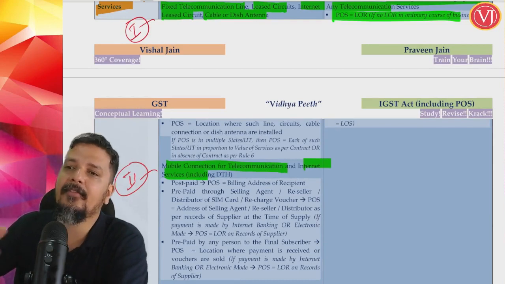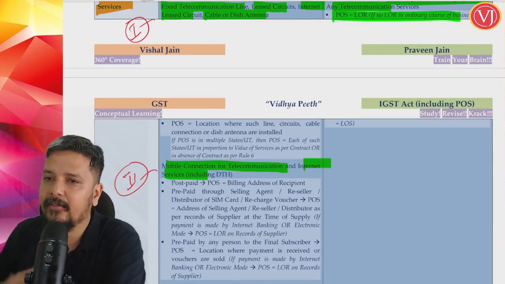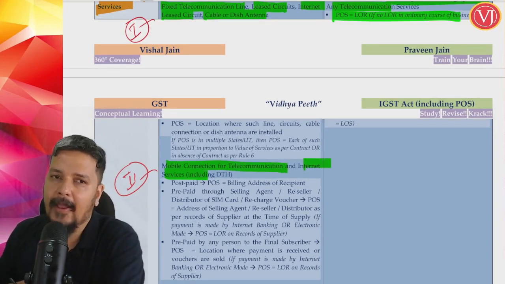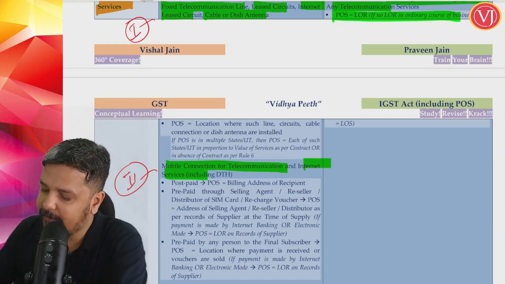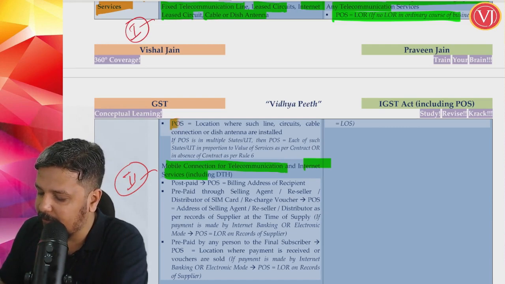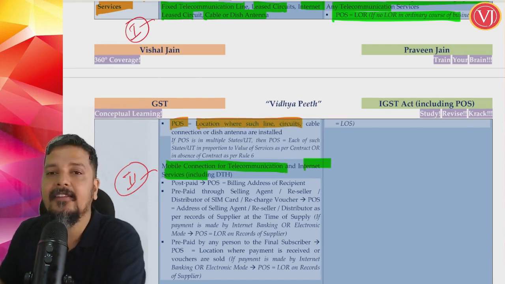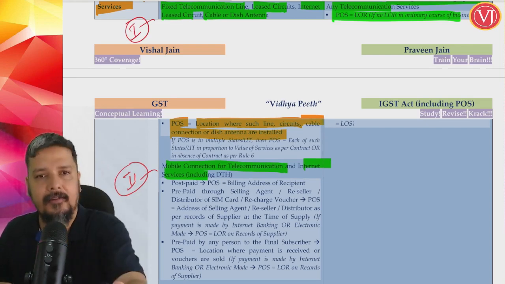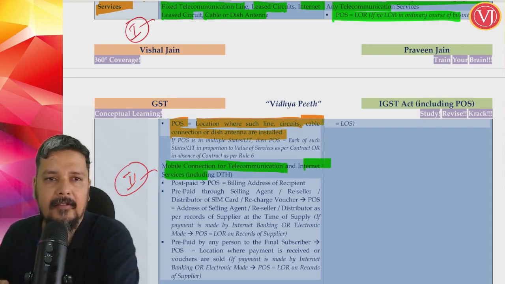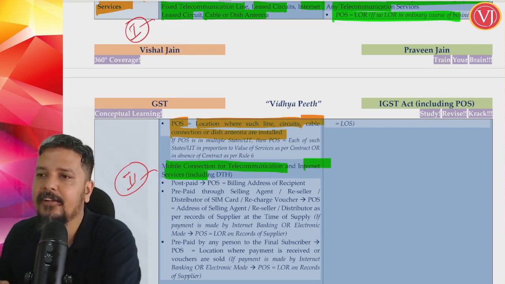So, categorize them as wire and wireless. The first category is wire and the second is wireless. If it is with wires, then your place of supply is the location where such line or circuits or cable connection or dish antenna are installed, because it is with wire. Installation of that.